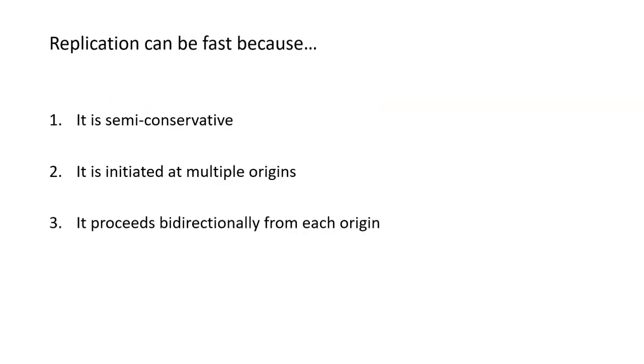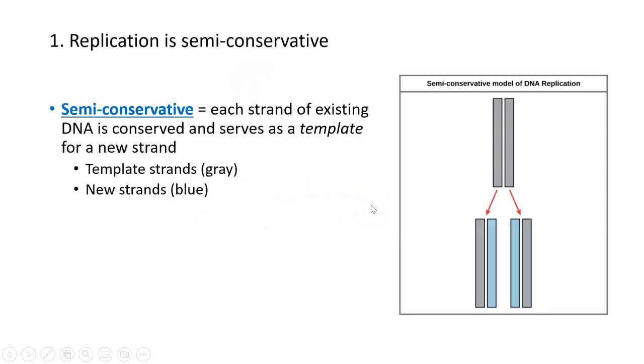So replication can happen quickly because of these three things listed on the slide. Replication is what we call semi-conservative, which I'll explain in a minute. It starts at multiple origins, or multiple start points, and it happens in two directions, or it proceeds bidirectionally. And I'm going to explain more about each one of these three things on the next few slides.